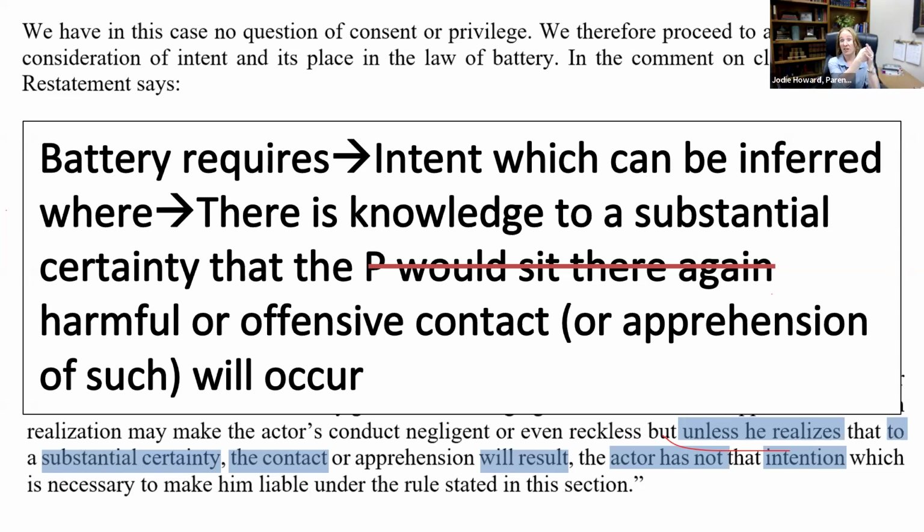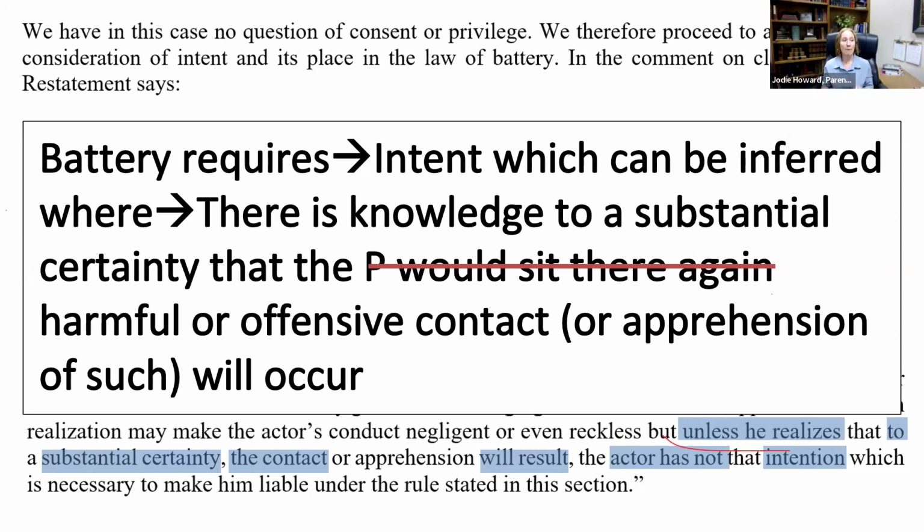Maybe I don't punch you hard enough because I'm a weakling to hurt you, but I offended you when I hit you, right? That might be enough for battery, but it also can just be apprehension. It doesn't have to be absolute crystal clear. I 100% know that that harm is going to happen. It can be an apprehension of that harm possibly happening, right? And that's the rule that we've pulled from Daly.